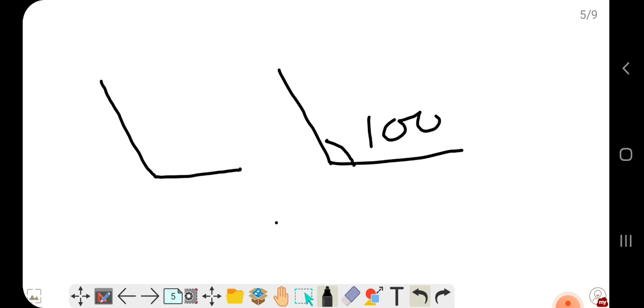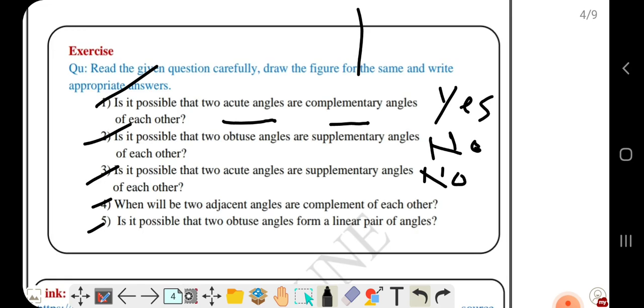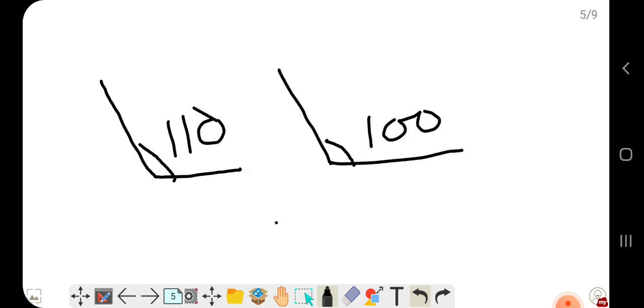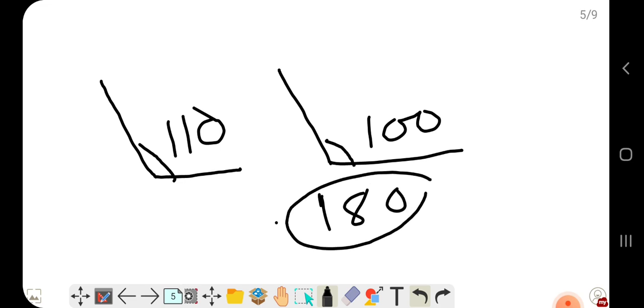Consider this is 100, and another angle, consider this is 110. To be a linear pair of angles, the sum of those two angles should be 180. So the addition of these two angles is 210.